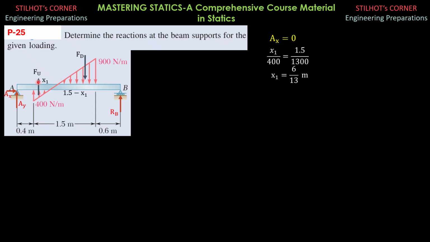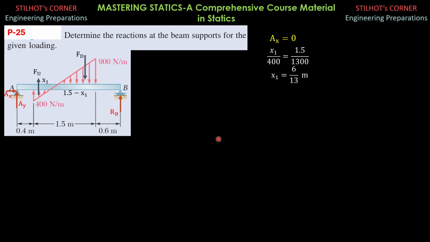So that means the force FU from the left is 1/3 of x1, and 1/3 of 6 over 13 is 2 over 13. Likewise, FD from this load intensity is 1/3 of 1.5 minus x1.